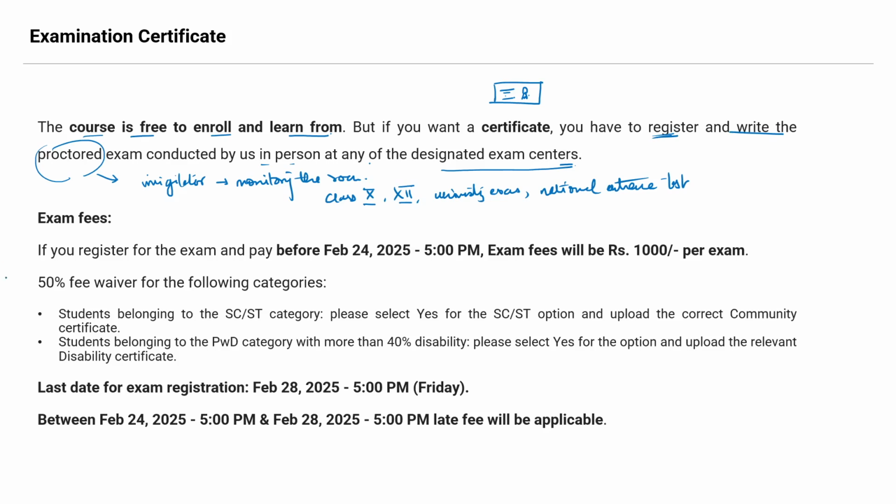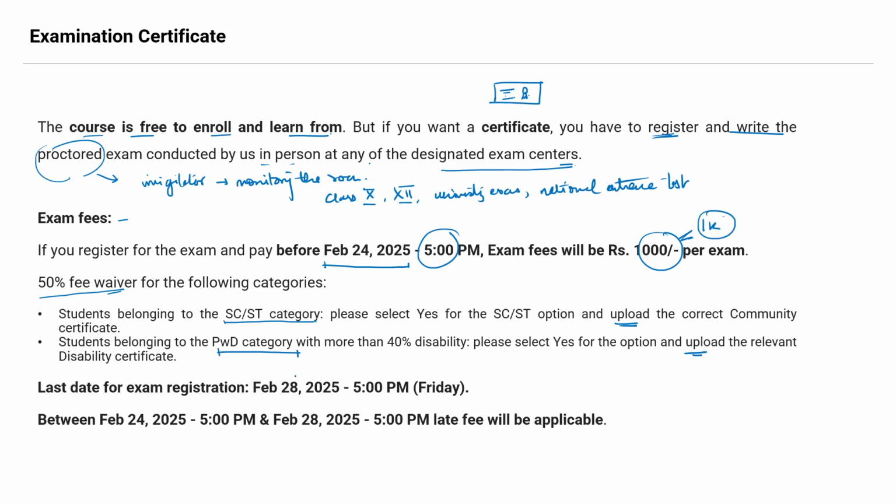Also, there are certain exemptions in the exam fee, and there's a 50% fee waiver for a student belonging to the SC/ST category and PWD category. To avail that, you will have to upload the correct certificate. All right, so that upload is required in order to avail it. If you are registering for the examination before 24th of Feb, 5 p.m., the exam fee is 1000 rupees.